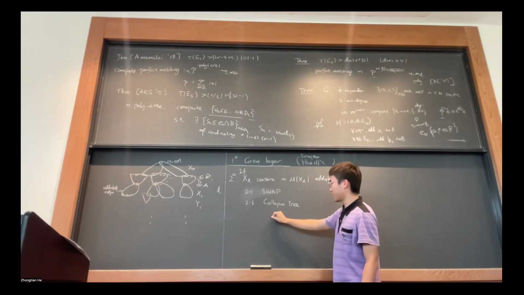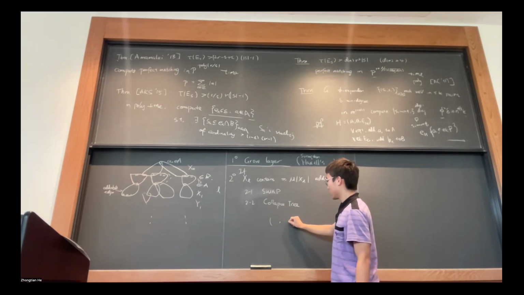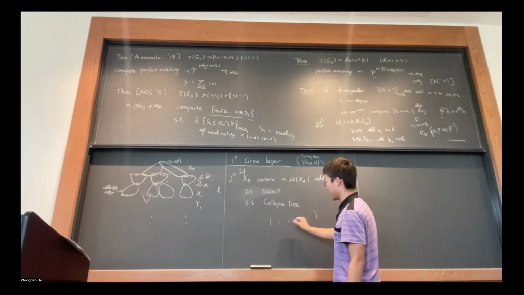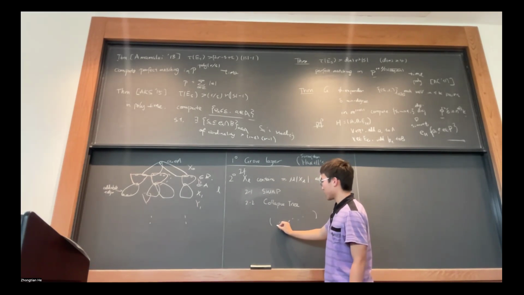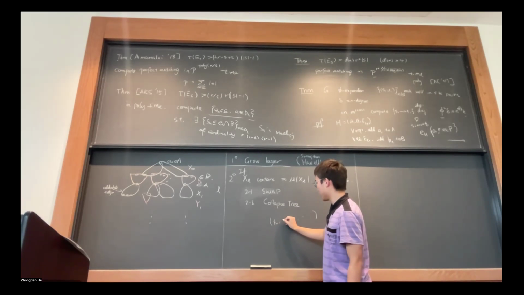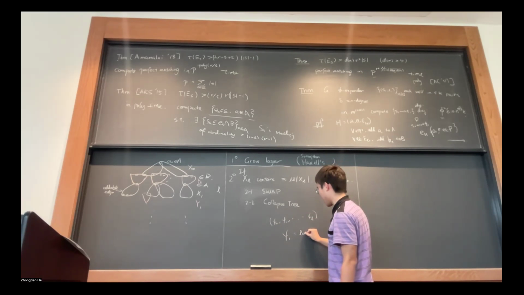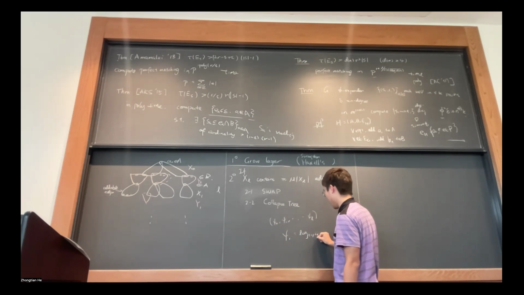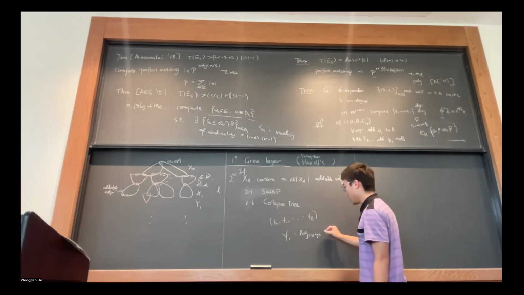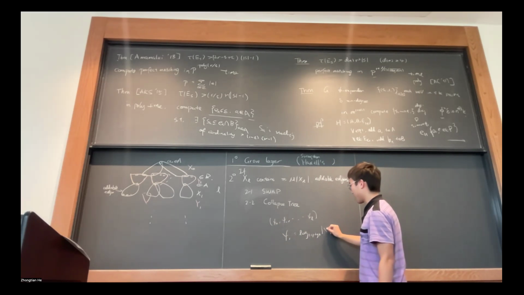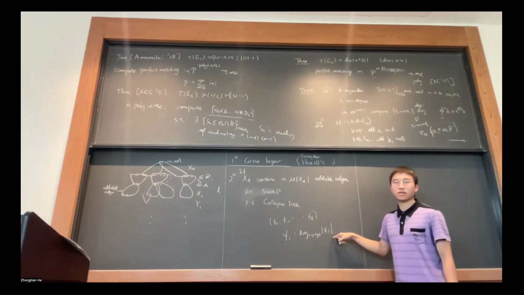you create a signature vector, say psi 0, psi 1 to psi L. And psi i, you just take the logarithm, say base 1 plus poly mu, of the size of the layer, X_i and the same for Y_i.